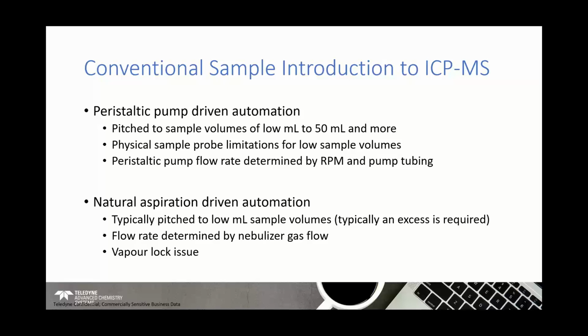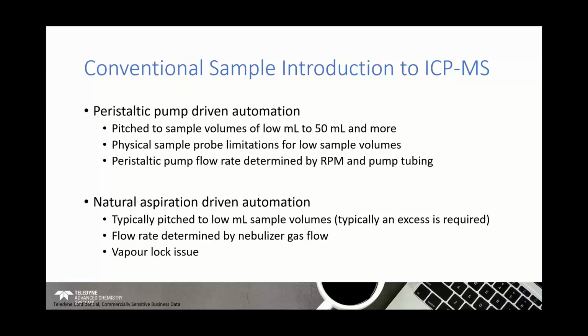This kind of automation is pitched for sample volumes of several hundred microliters up to maybe a couple of milliliters. Normally you would work with an excess of sample, and be wary of whether you create a vapor lock, that kind of thing. So that typically works very well for the high microliter level into the low milliliter level.